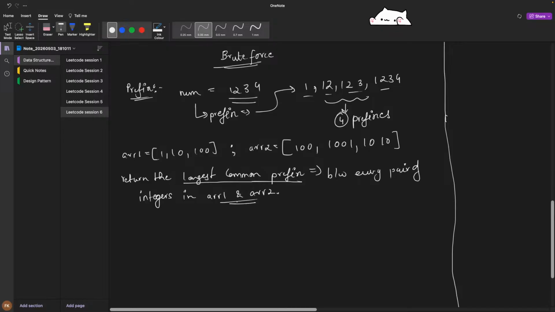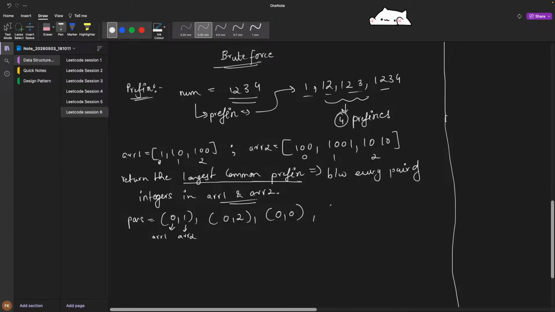Alright, these indices are 0, 1, 2. Pairs can be 0 comma 1, where the first is of ARR1 and the second is of ARR2, and another pair 0 comma 2 and 0 comma 0.